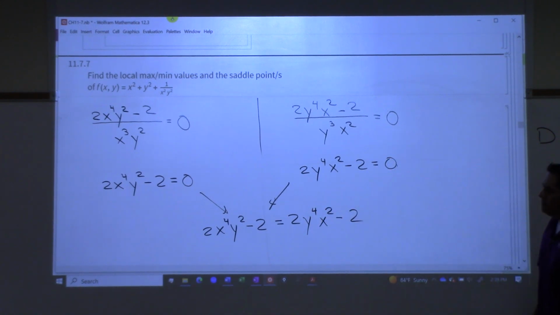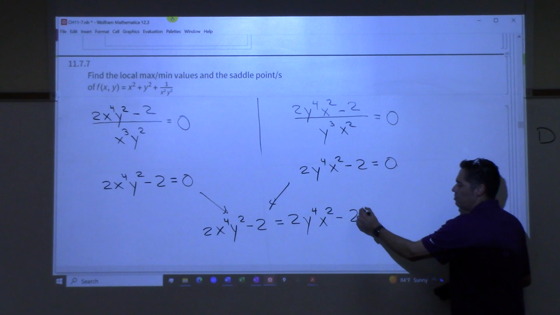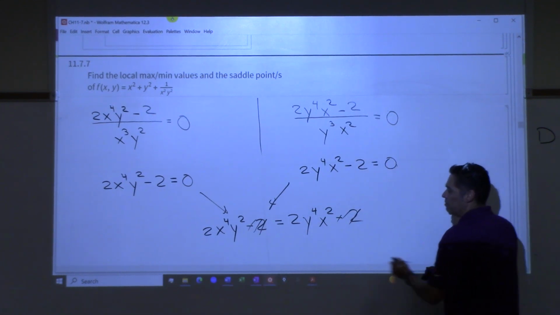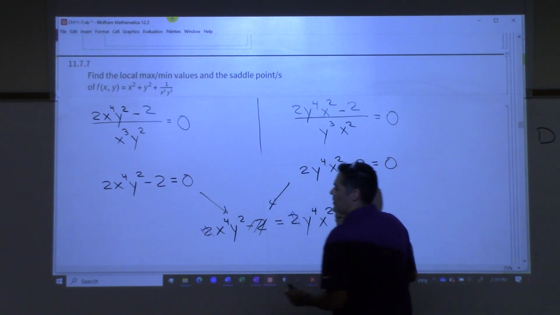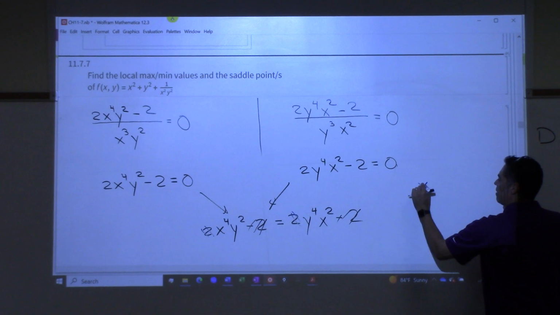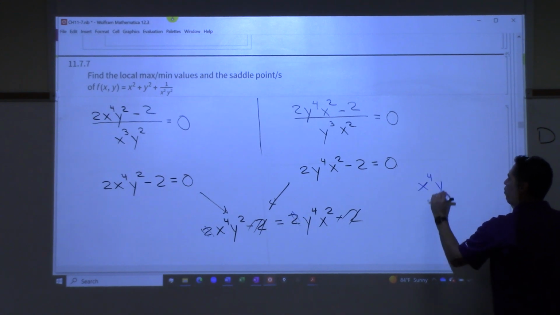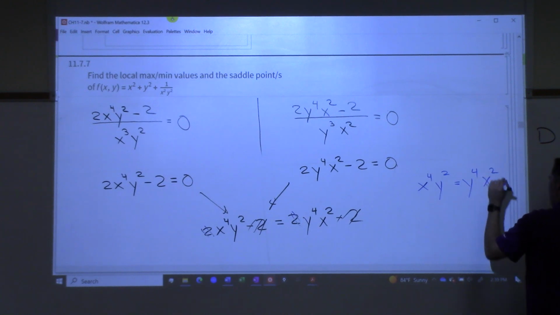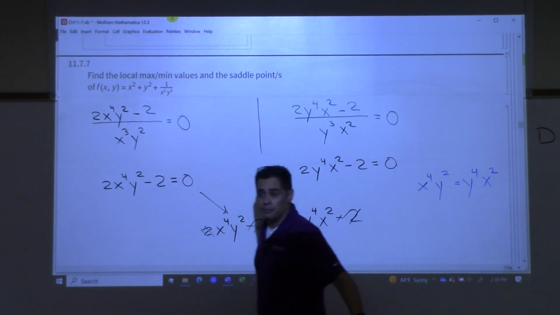Those have to be equal. I can get rid of the 2's, add 2 to both sides, and divide both sides by 2. And so my next line should read x to the 4th y squared must equal y to the 4th x squared. Any questions on that?